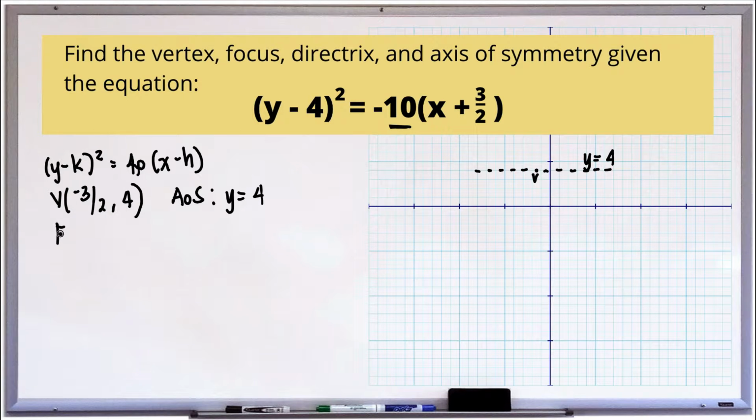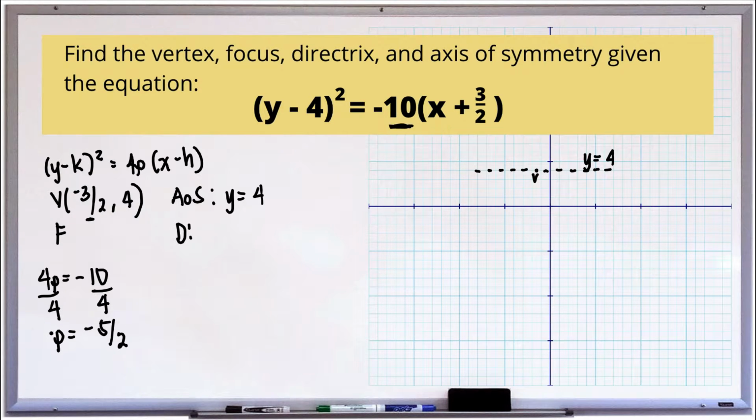Now to find the focus and the directrix, we will need the value of p that we will add or subtract respectively to the x-coordinate of the vertex. Since 4p is equal to negative 10, applying the mathematical solutions, we will have p equals negative 5/2.